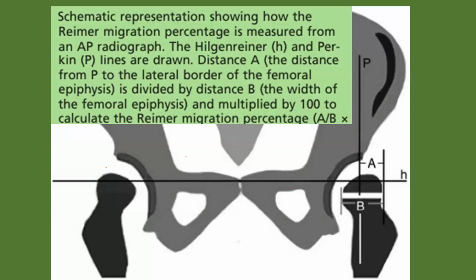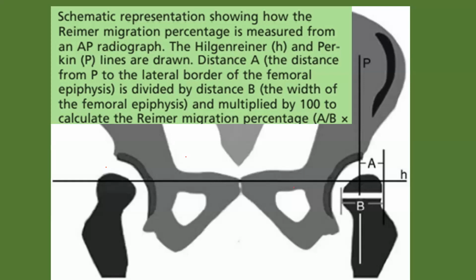You have P as a line drawn through the upper outer margin of the acetabulum. This is P. You have the Hilgenreiner line, which is H. And you have a line drawn vertically, perpendicular to Hilgenreiner's line at the outer margin of the head.